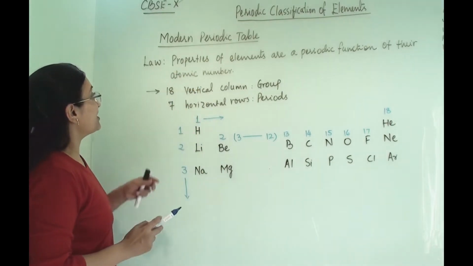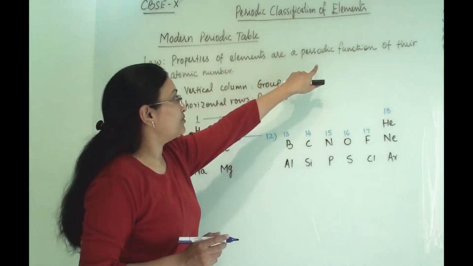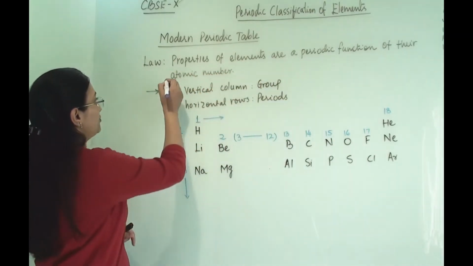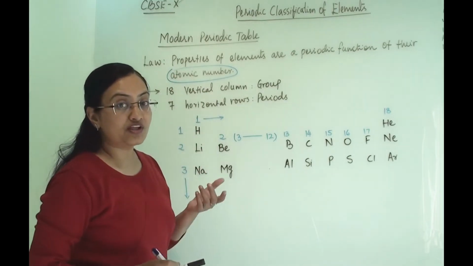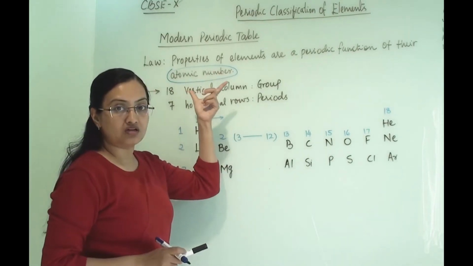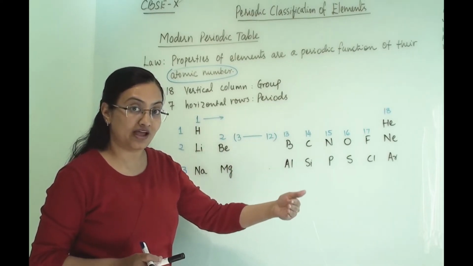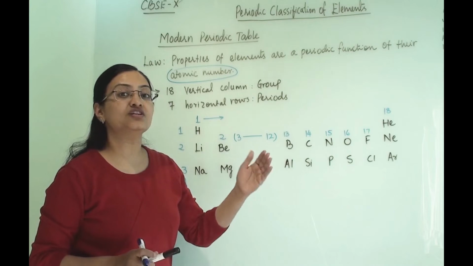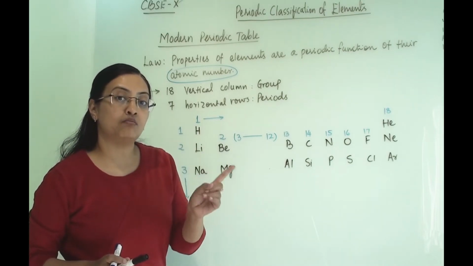The modern periodic law is: properties of elements are a periodic function of their atomic number. Earlier in Mendeleev's periodic table, this was atomic mass. He said that properties repeat at a certain interval when we arrange elements in increasing order of atomic masses.